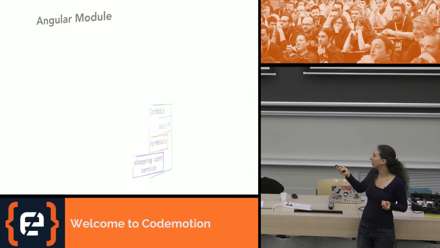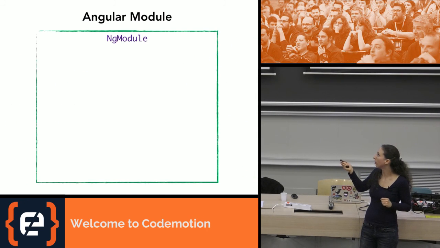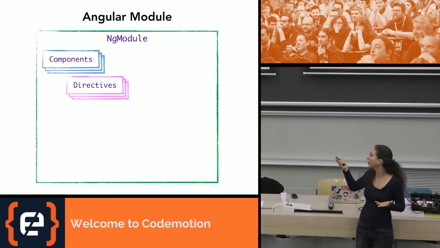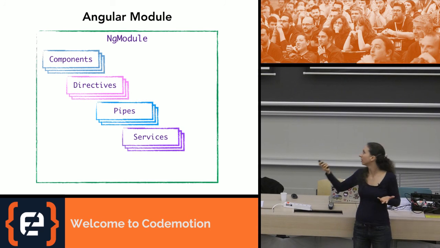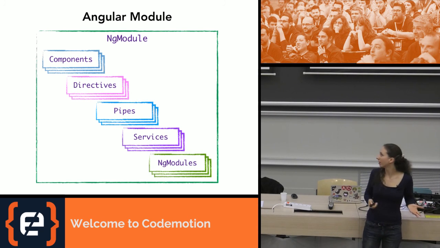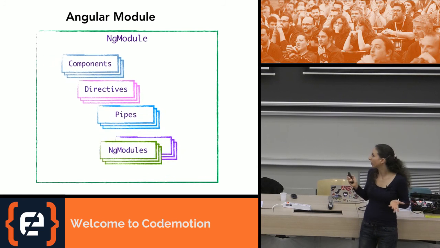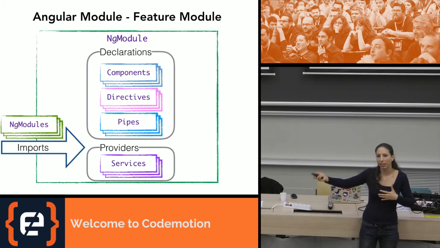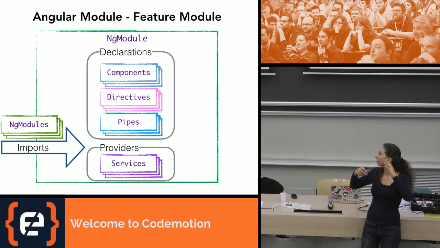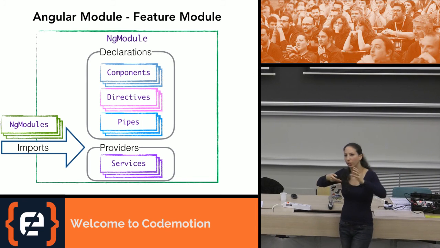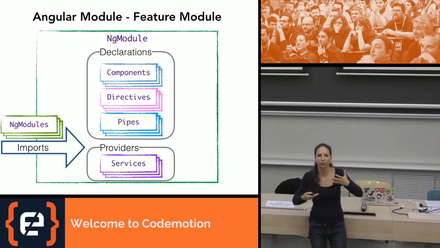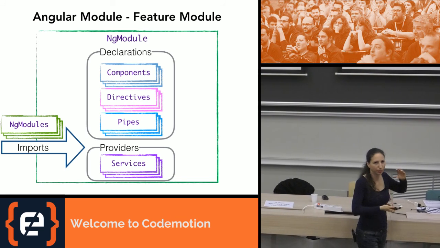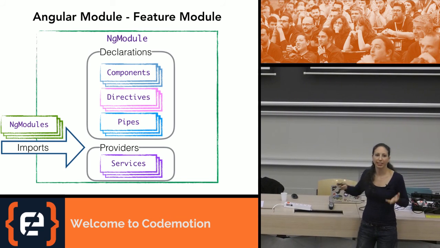So quickly, in Angular modules, we can have everything. We can have components, directives, pipes, services, and other Angular modules, which we import, and we declare which components, directives and pipes we use within the module, and we provide the services.